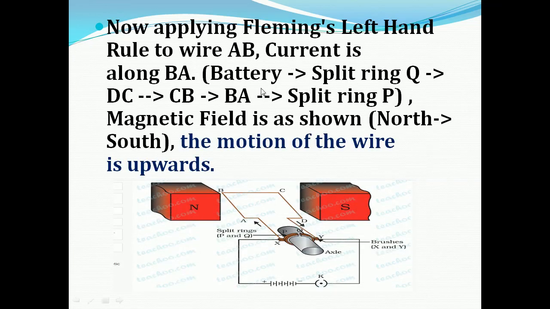Now the current is along BA, from B to A. How will it be?